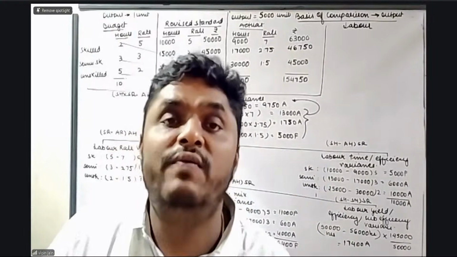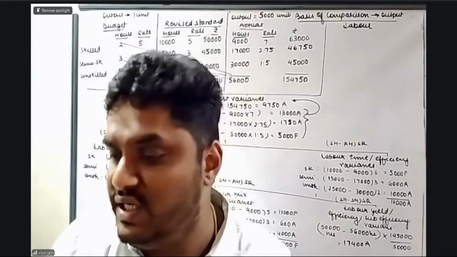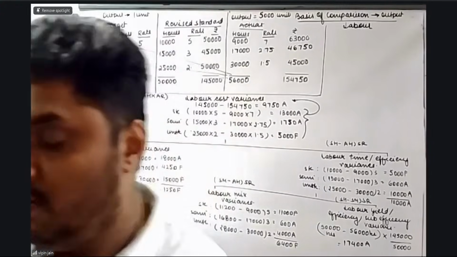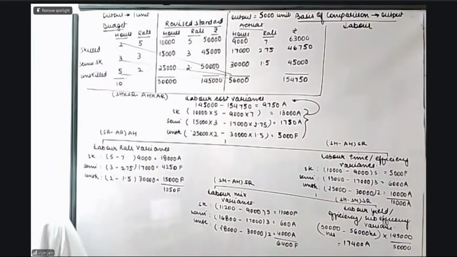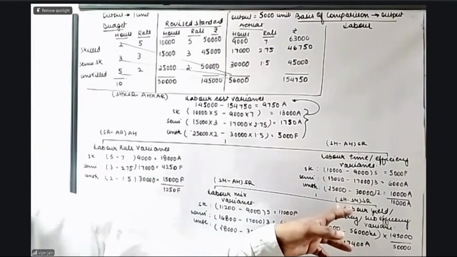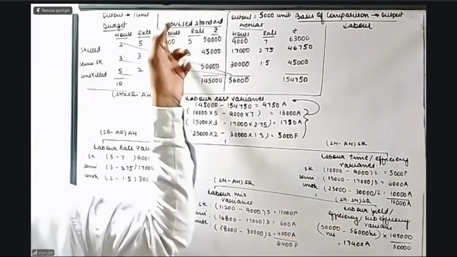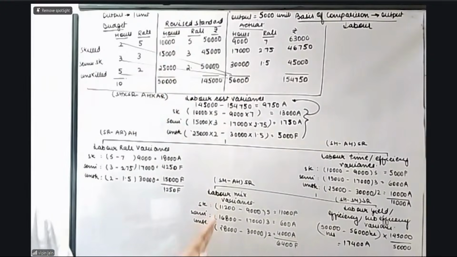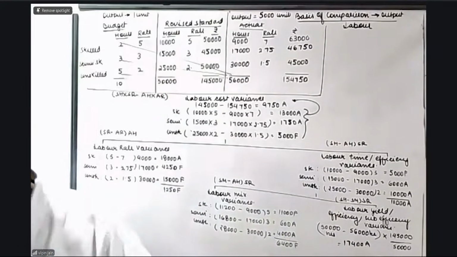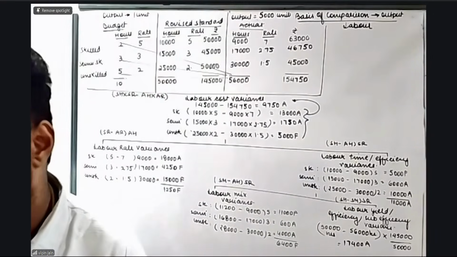So that is efficiency variance. You can easily calculate. This is the easiest way to solve the question. You can simply calculate by standard hours minus standard mix. So these are the standard hours. This is the standard mix. Into the standard rate, you will get the answers.